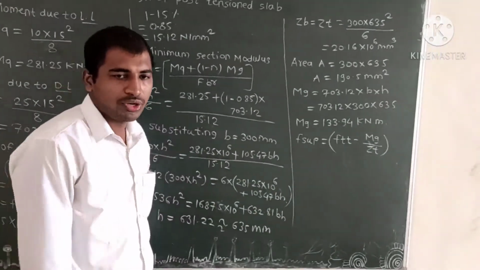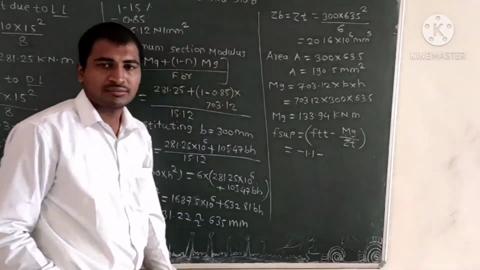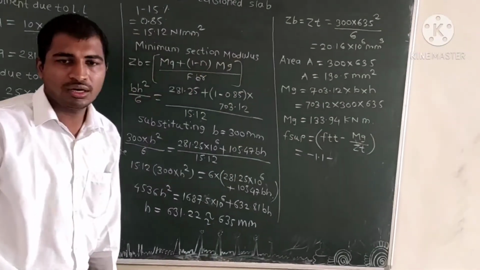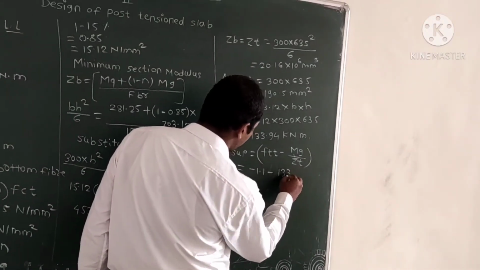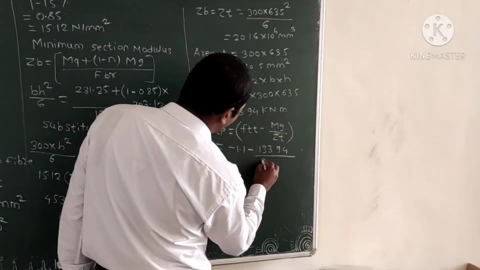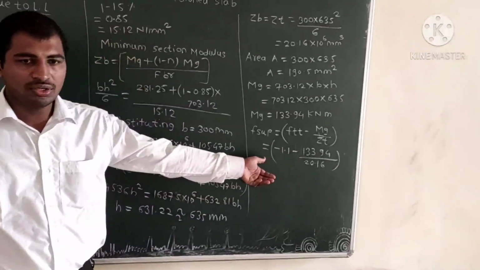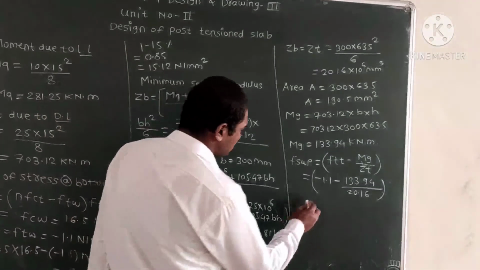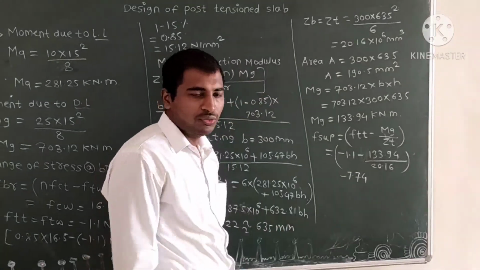Then minus 1.1 minus 1, MG is 133 upon ZT, which is 20.16. Calculate these terms, we get minus 7.74 Newton per mm square.